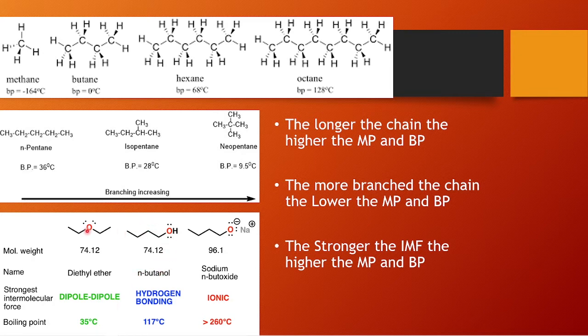Same thing, the only difference is the placement of that oxygen is now at the end, and it has a hydrogen attached to it, and it's now got a boiling point of 117. So you can see that the hydrogen bonding has a much higher boiling point than the diethyl ether, even though the only real difference in the actual molecular structure is where that oxygen is, and the fact that this oxygen has a hydrogen attached to it. Hopefully that made sense.